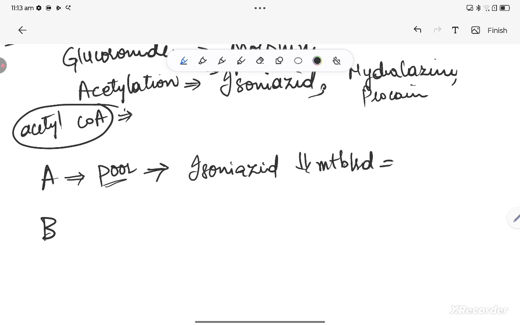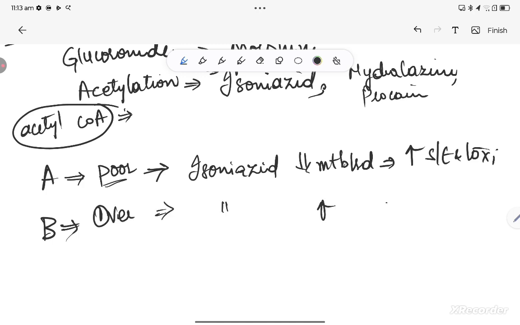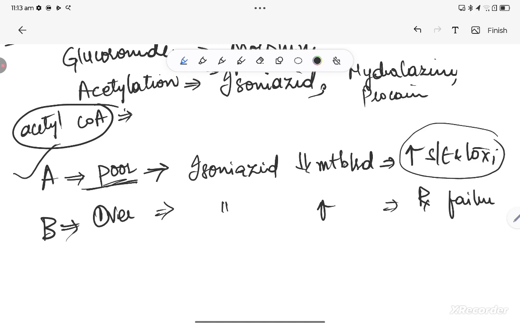In the same way, let us say patient B is an overexpresser of the acetylation gene. Then isoniazid will be metabolized more, resulting in treatment failure. Clear? For this reason only, the majority of Indians are poor acetylators, because of which there is more chance of side effects and toxicities. For this reason only, for a tuberculosis patient, we always supplement with B6, because isoniazid's most important toxicity is peripheral neuropathy. Clear? This is about acetylation.